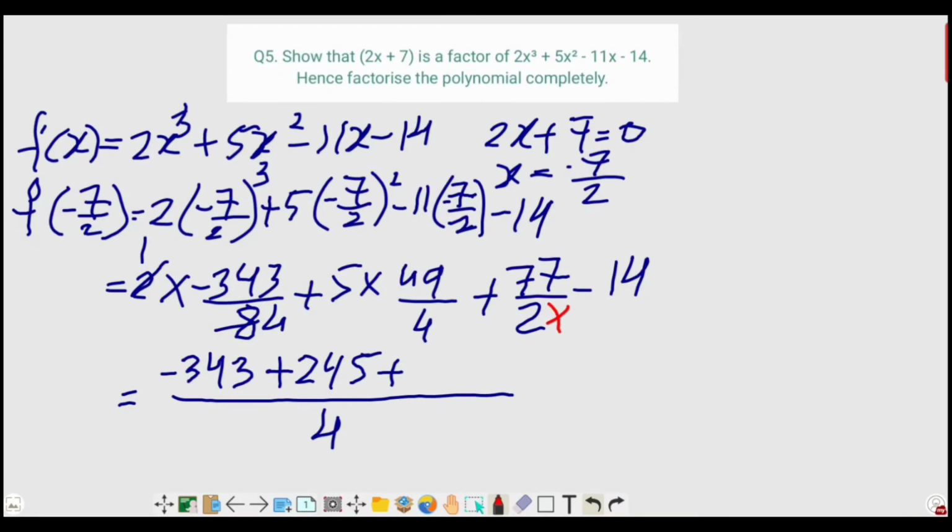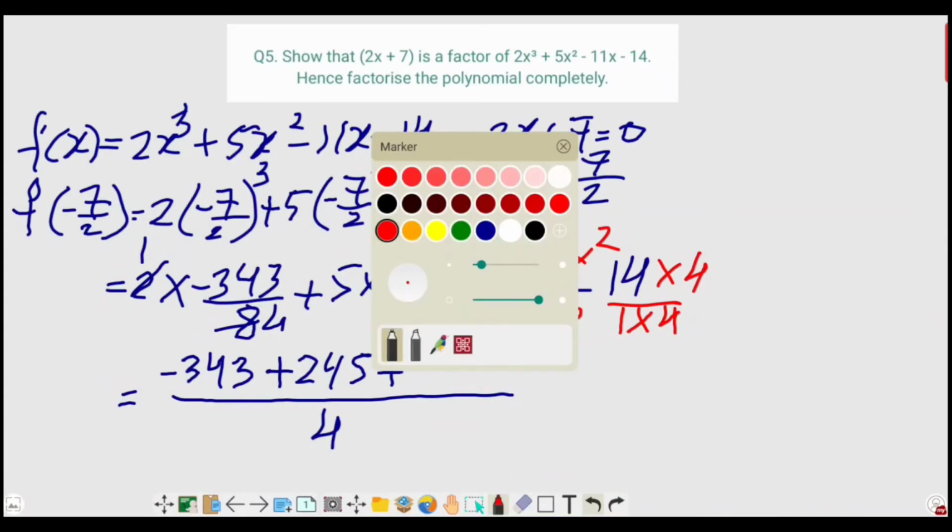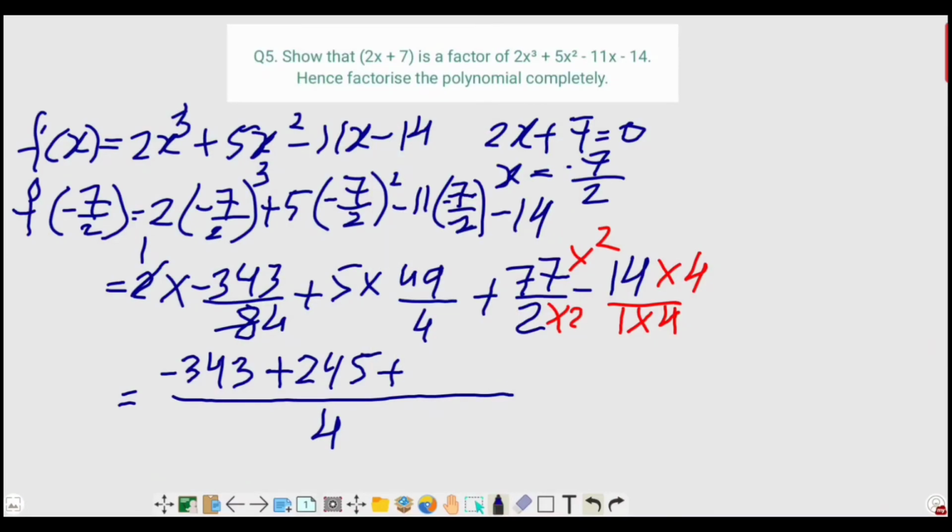So I will multiply it with 2. Same way here I'll multiply with 4. So that I should get a single number. Now when you substitute, 77 twos will give you 154. 14 fours are 56. When you solve the numerator, it will be 0. 0 upon any number is 0.